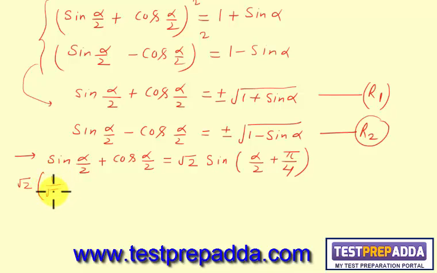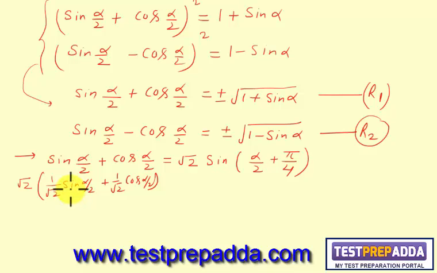Inside the bracket, I'll write 1 by root 2 sin alpha by 2 plus 1 by root 2 cos alpha by 2. And 1 by root 2 is the value of sin 45 degree and cos 45 degree. So I'll write here first cos 45 and here sin 45, cos pi by 4, sin pi by 4.